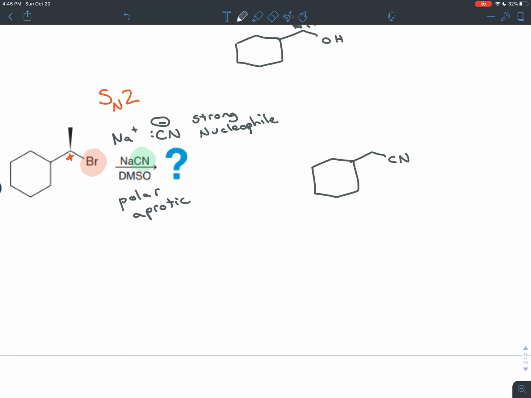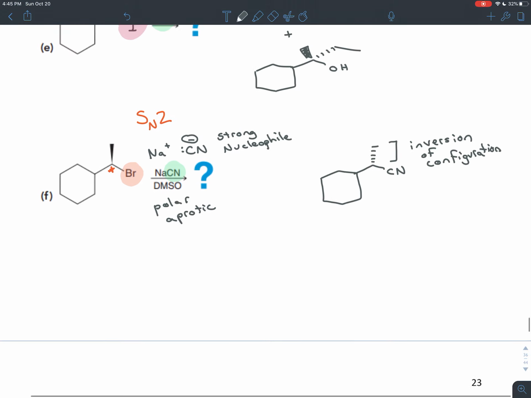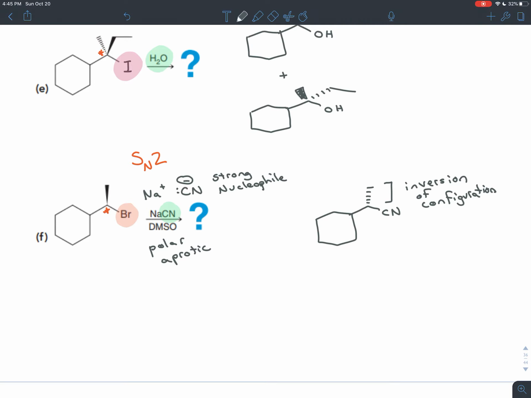We need inversion of configuration, so we take the stereochemistry we have and we flip it. So the methyl group, instead of coming out at us, would be going away. And that's inversion of configuration. And notice you only have one product here for this SN2 reaction.